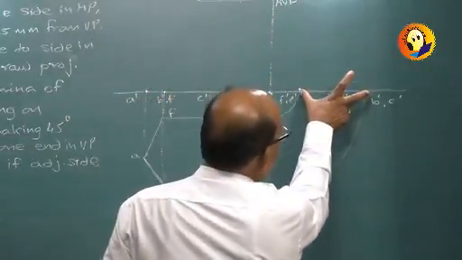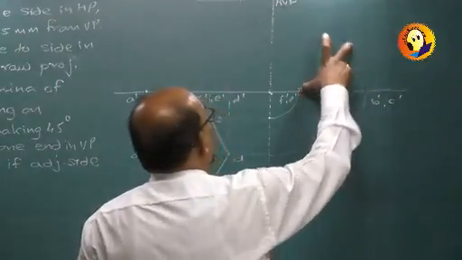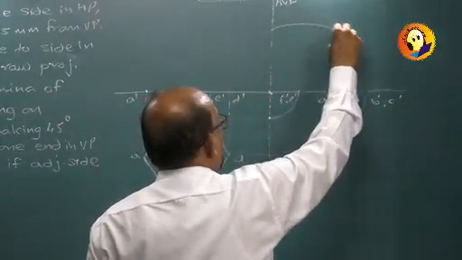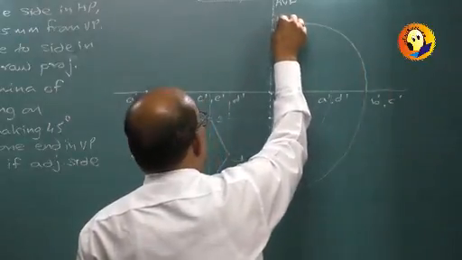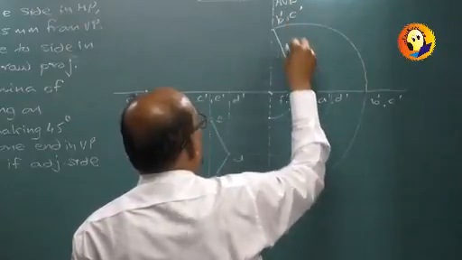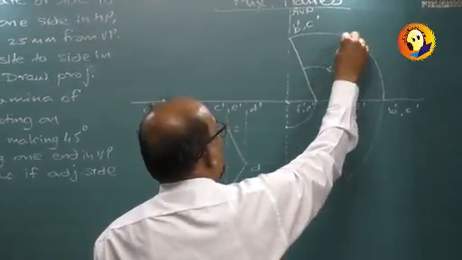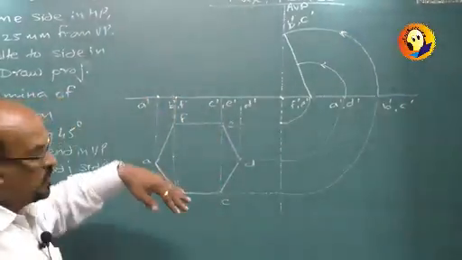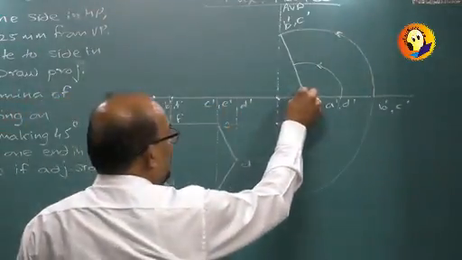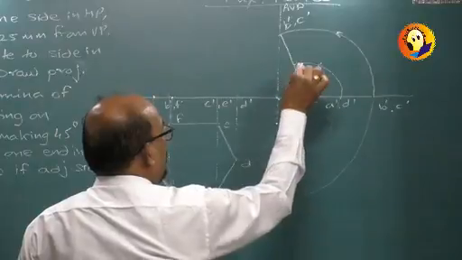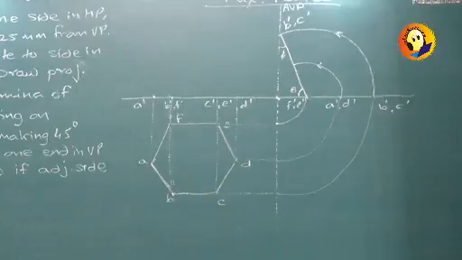I will have to take this as the center now. Take this distance in the compass and rotate it. So that B dash, C dash will be in VP and A dash, D dash will be here. So first I have got the side view. I can see the rotation. This is of course the angle made by the plane with HP. And this will be the angle made by the plane with VP, and theta plus phi will be 90 degrees.